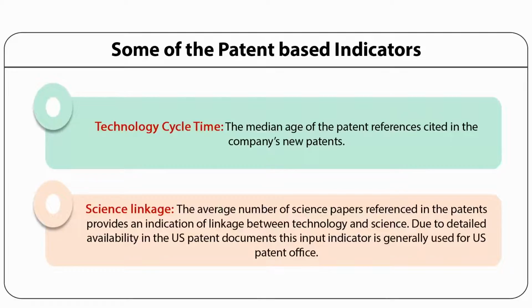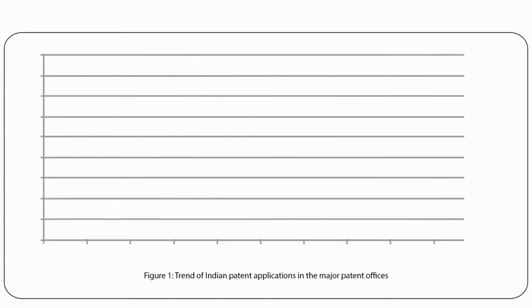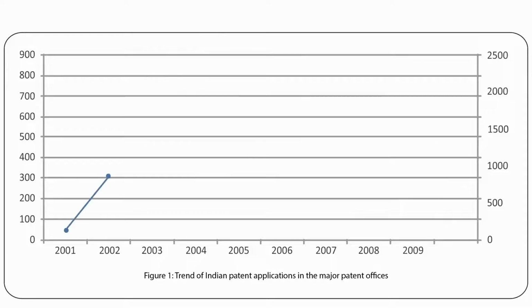And in your patent portfolio, if the science linkages are very high, we would argue that your patents are in areas which are emerging and cutting edge. This indicator, however, is difficult to capture except in the US Patent Office where it is given much more explicitly.